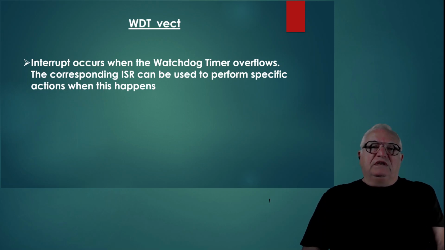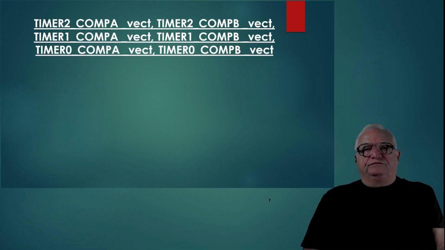So if you let the Watchdog expire, you can configure it to go to an interrupt service routine, or to reset your system, or do both. In this case, we would set up for it to do an interrupt service routine, and there we would put some kind of message if for some reason the Watchdog Timer winds down.